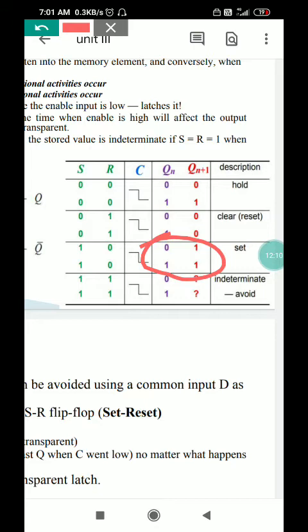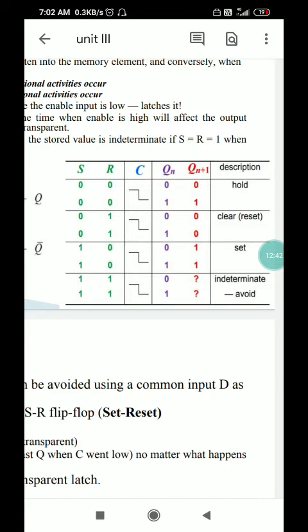It goes on ringing around 1 and 0. That is why we don't apply this kind of input. This is how the SR flip-flop works. Only one thing we have to keep in mind: if S and R are both 0, the last output will continue, be it 0 or 1. If S and R are 0 1, it will reset the flip-flop.